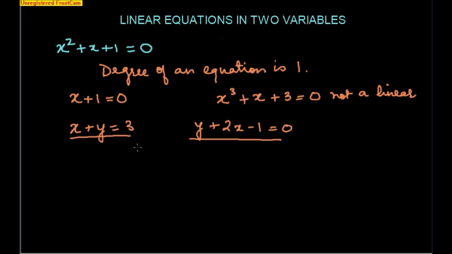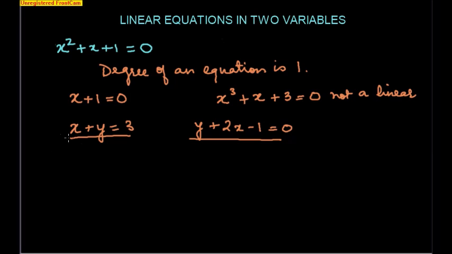Now, the number of variables decides the number of equations required to find the solution. If I have to find the solution of this particular equation, as you can see it has two variables x and y. So to find the solution, I need two equations, this and one more equation. Similarly here I have two variables, so I need another equation to find the values of x and y.